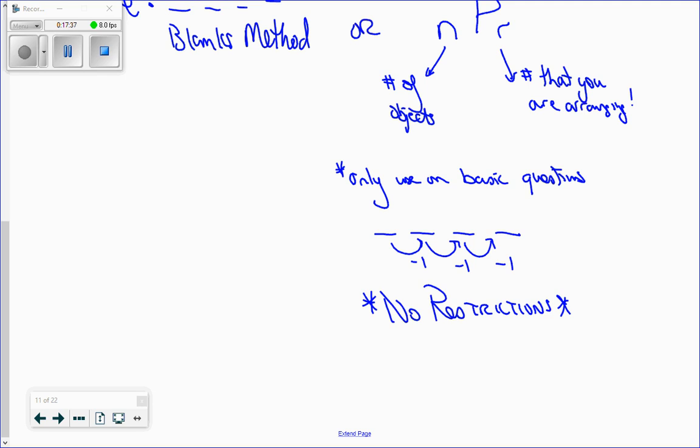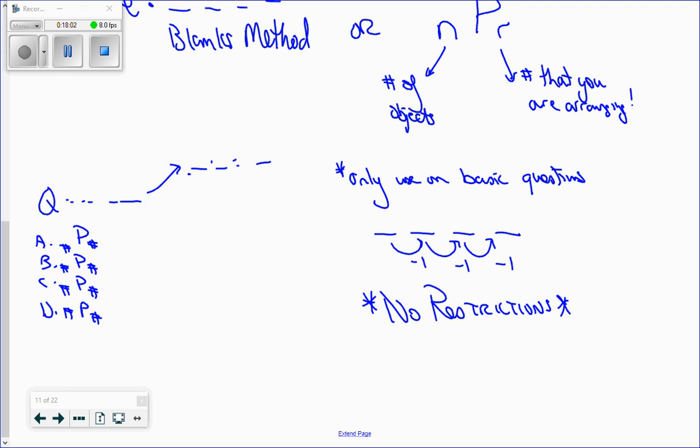Here's what I need you to know: if you get a question on the diploma and you solve it using the blanks method, but all the A, B, C, Ds are written in nPr, and you don't understand that way, you're going to take these and plug them into your calculator and figure out which one matches the blanks method answer. It's a hoop you're going to jump through.